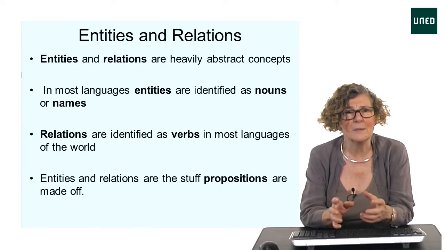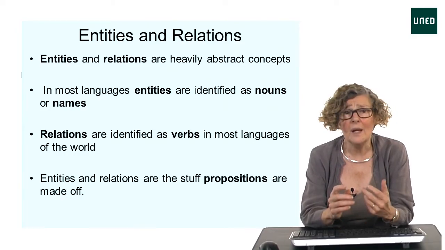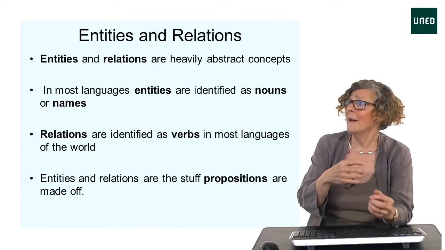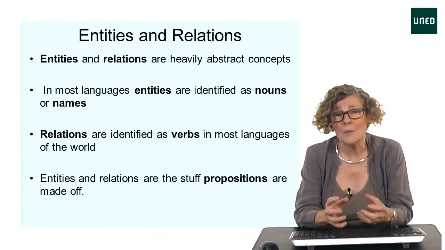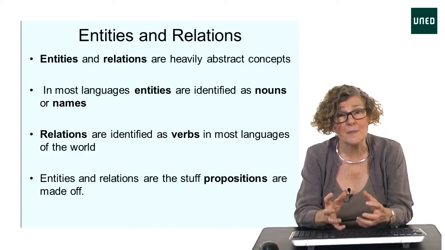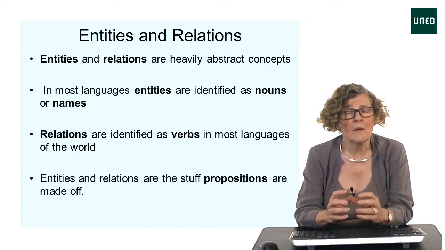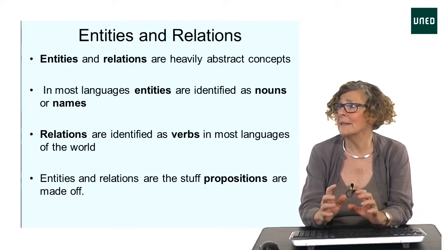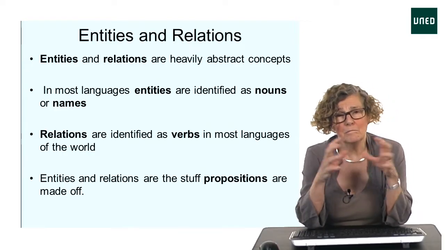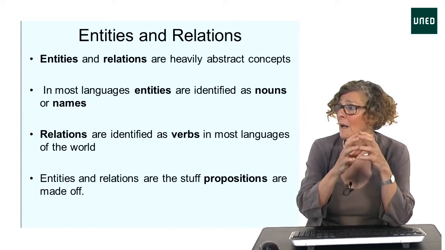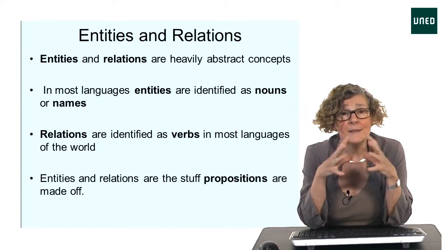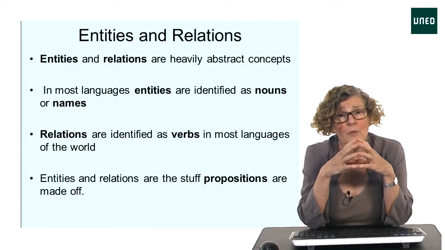We'll see a couple of examples later. In most languages, entities are identified with nouns or with names. Relations, on the other hand, are in most languages identified as verbs. And entities and relations, both of them are the stuff that predications are made of.